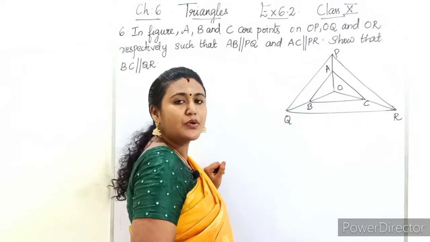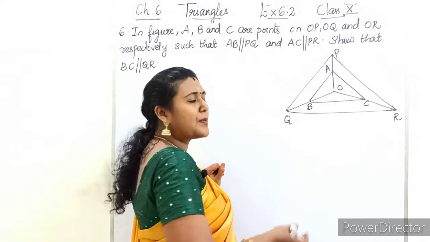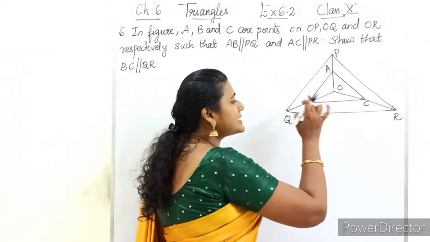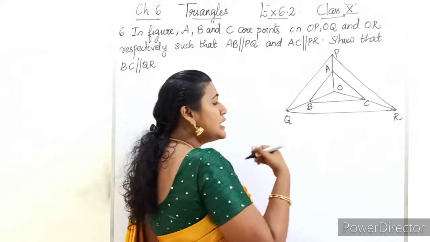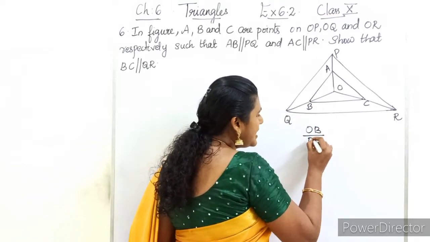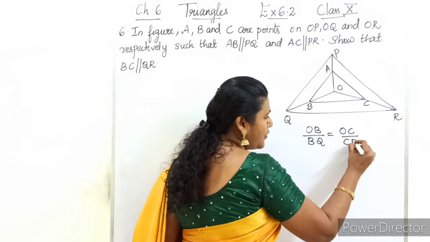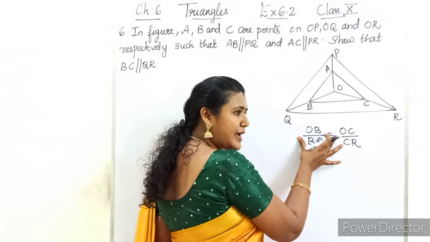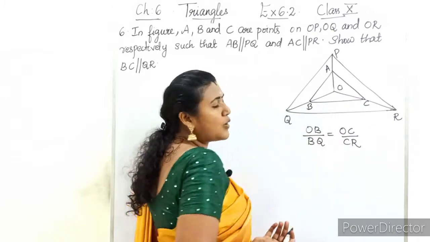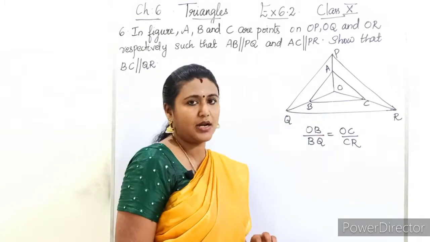If we are able to prove these ratios are equal, then by the converse of basic proportionality theorem, we can say BC is parallel to QR. So what is the condition we need to prove now? OB by BQ is equal to OC by CR.